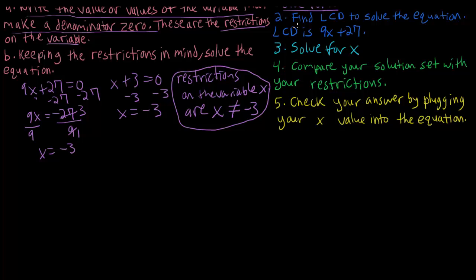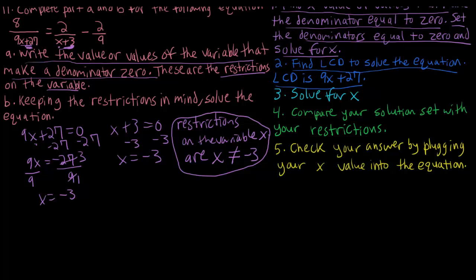So for step 2, we want to find the LCD to solve the equation. Here it says the LCD is 9x plus 27. So what is our original equation? We have 8/9x plus 27 equals 2/x plus 3 minus 2/9.